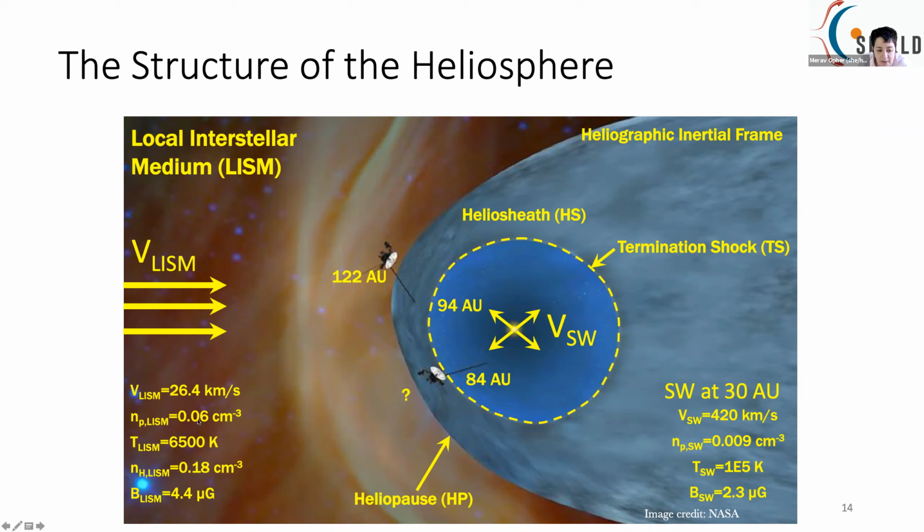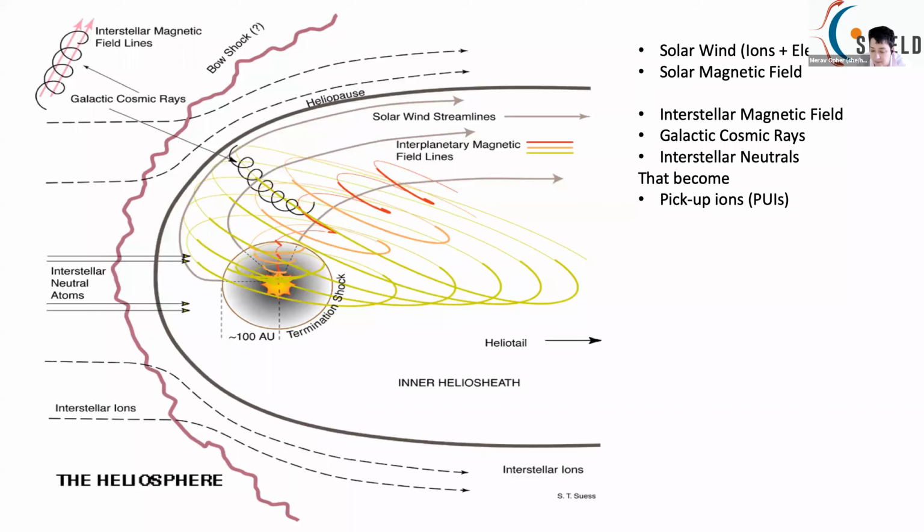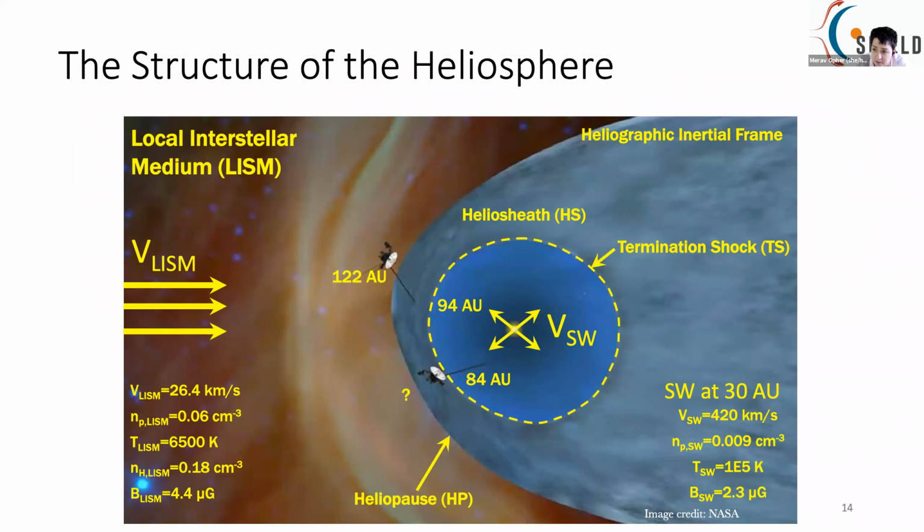For the ions, we're pretty sure the density is 0.06. The temperature is a little bit of a debate, but it's around 6,000 Kelvin. If you remember your ISM classes, this means that this is a warm ISM. It's not a cold part of the interstellar medium and not super hot. It's a warm ISM.